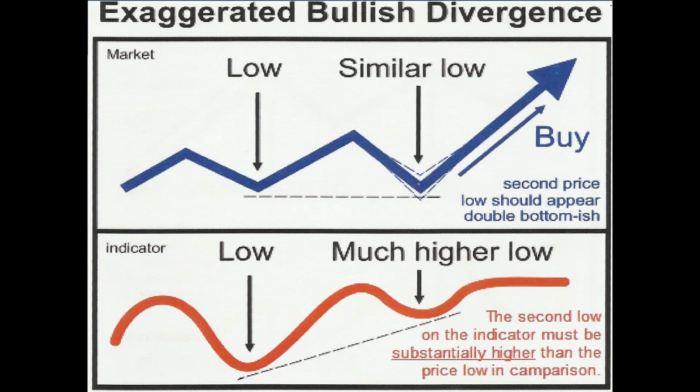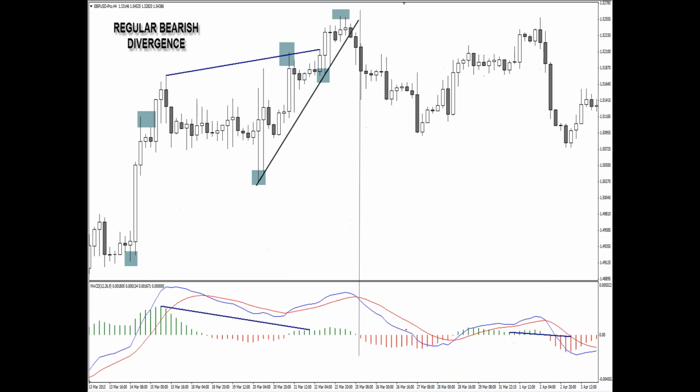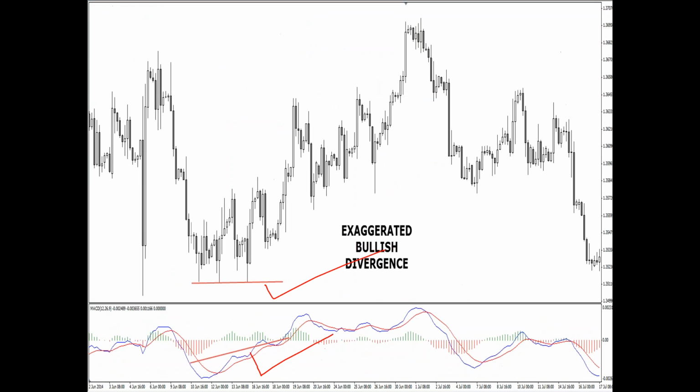Don't be afraid that there is a lot of divergence shown now, because this exaggerated reverse divergence is very similar to regular. But as I said, instead of having a higher low, we have a double bottom. Instead of a lower high, we have a double top. Some examples.